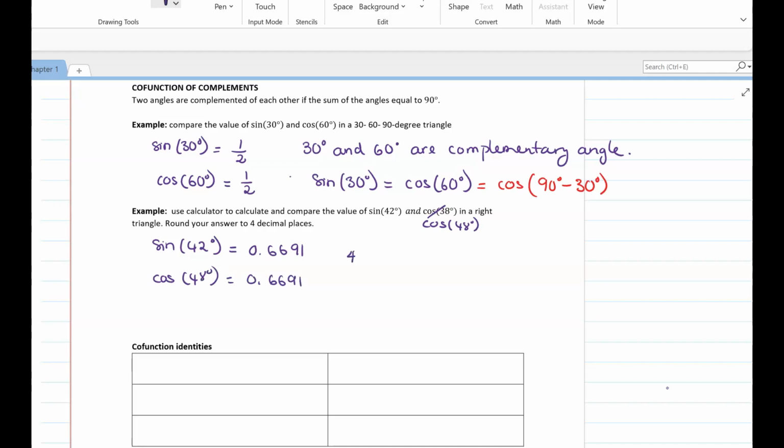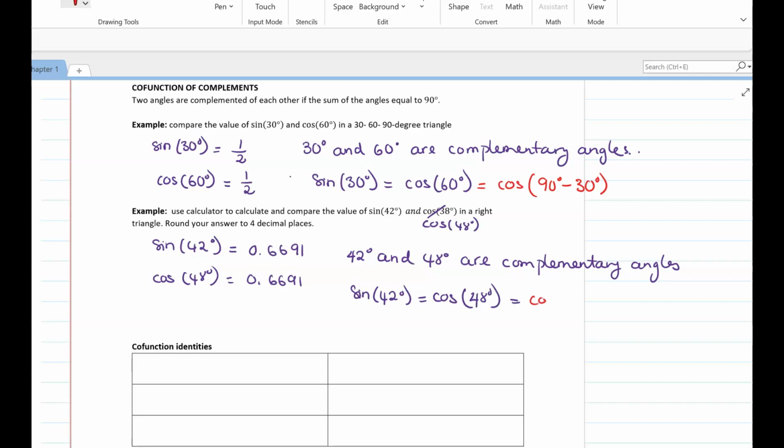Note that 42 degrees and 48 degrees are complementary of each other. So sine of 42 degrees equals cosine of 48 degrees, or I can always say that this is cosine of 90 degrees minus 42 degrees.